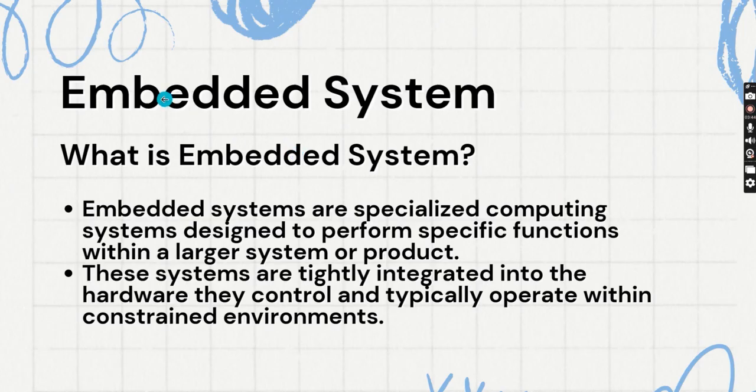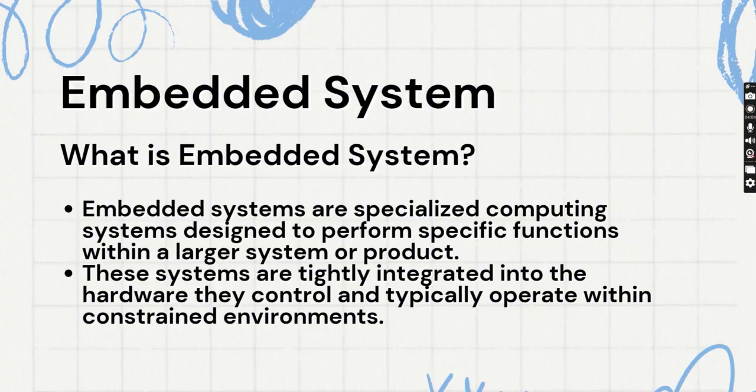Coming to the topic, what is an embedded system? An embedded system is basically a combination of hardware and software. Embedded systems are specialized computing systems designed to perform specific functions within a larger system or product.